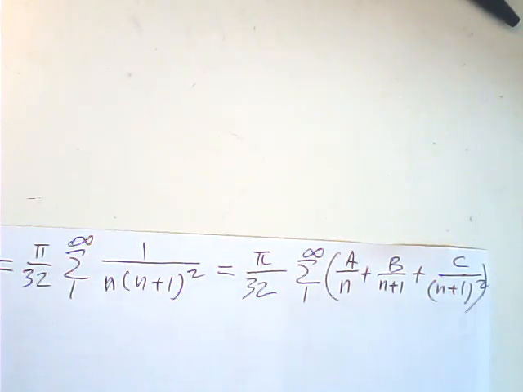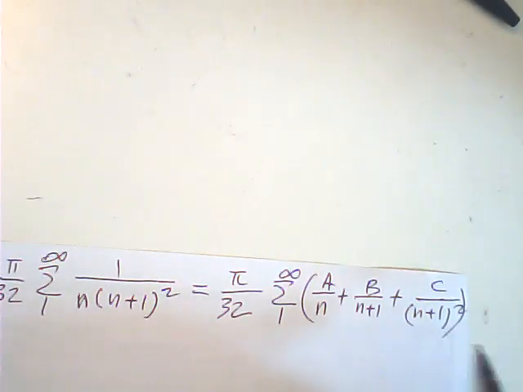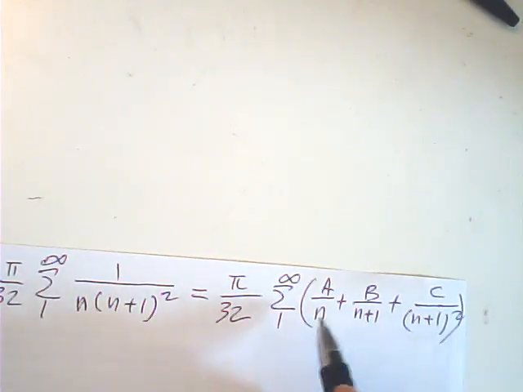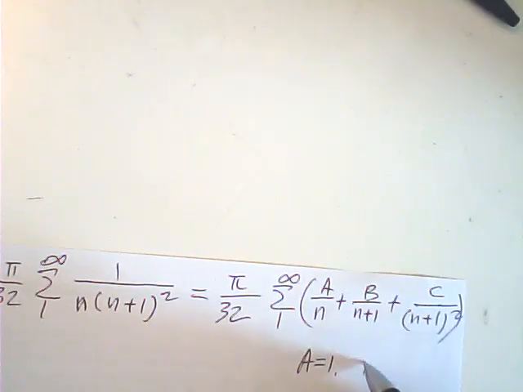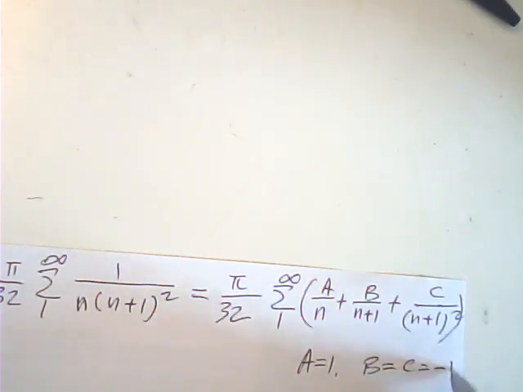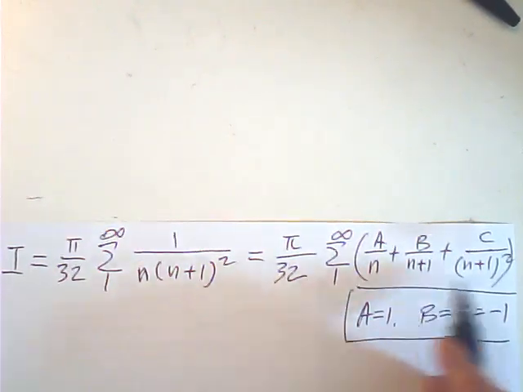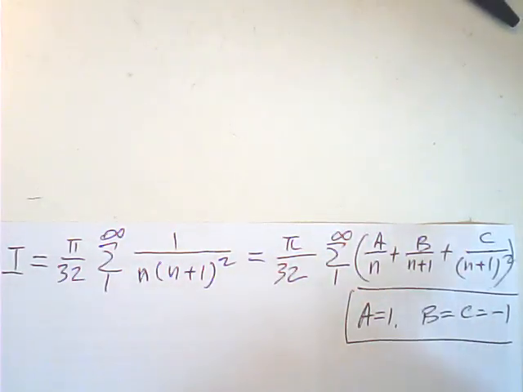Wow. You know partial fractions, right? I skipped the determination of ABC, right? A is equal to 1, B and C equal to negative 1. Sorry, okay, you can fill in finding ABC, right?